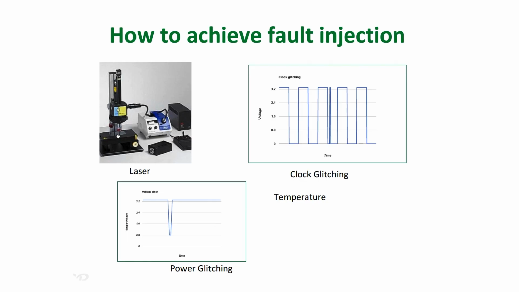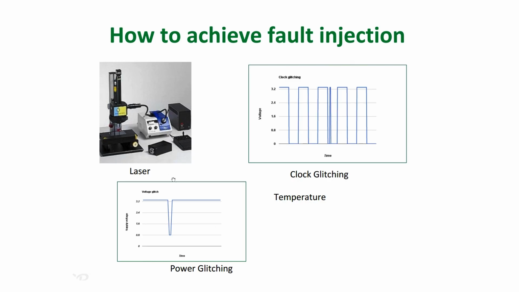We would place the device which the attacker is interested in under the laser and fire a laser at this specific device. Now, this laser, when it is pointed at the device, would toggle some bits during the computation of the cipher and thus induce the fault.